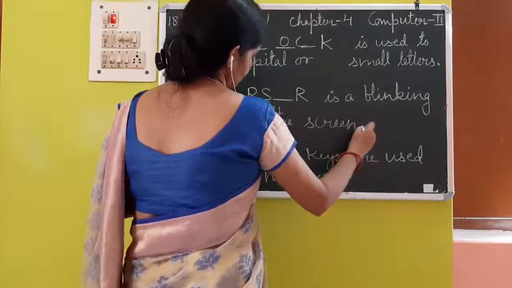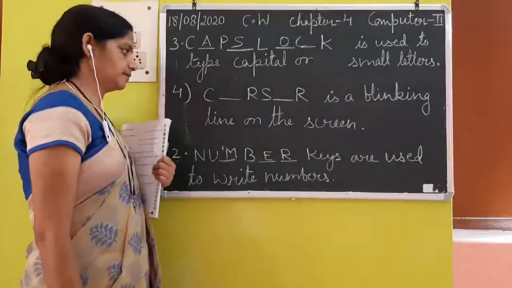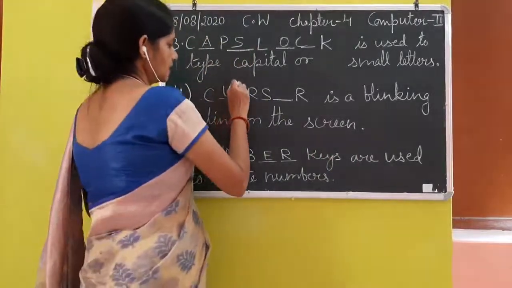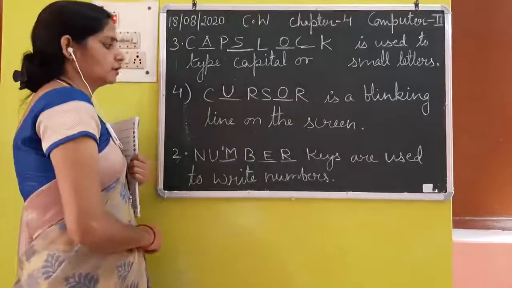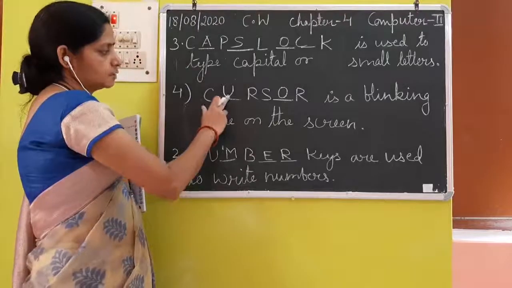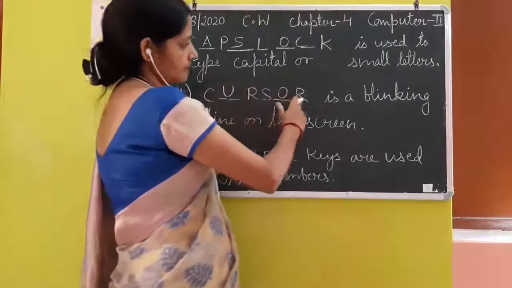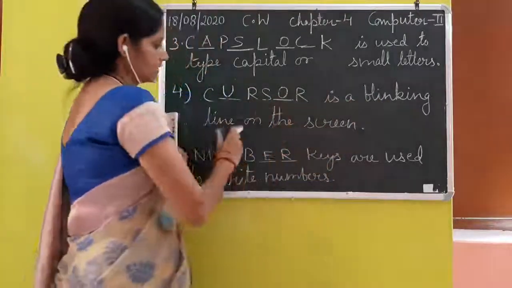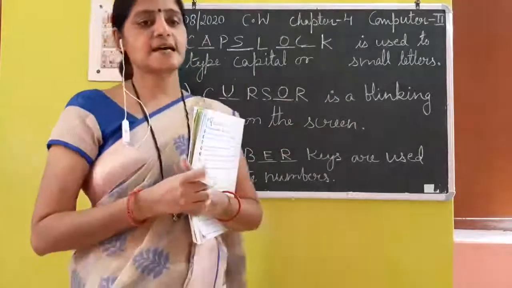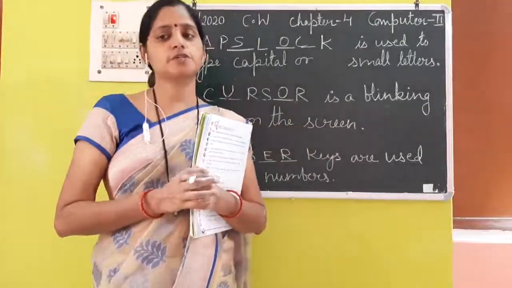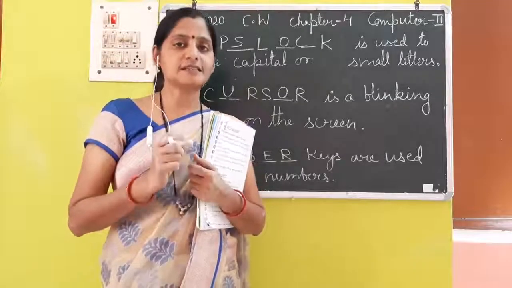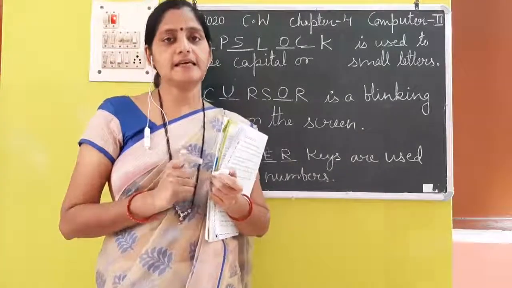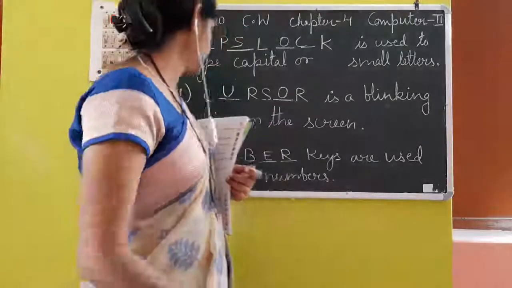Cursor, C-U-R-S-O-R. Cursor is a blinking line on the screen. So children, as I have told you before also, there is a blinking line present on the screen which always keeps blinking, we call it a cursor.